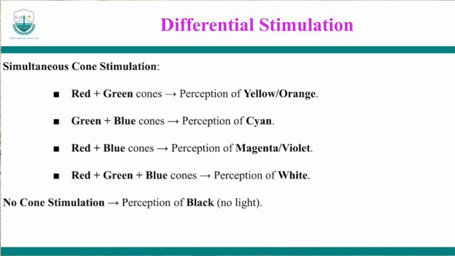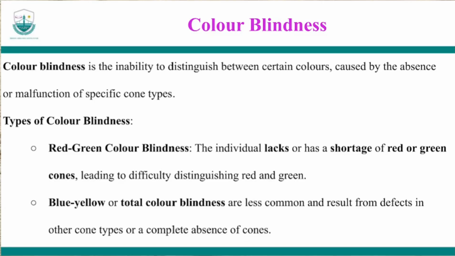And then we have other people who don't have the ability to distinguish between certain colors. They lack the ability to know that an object is actually green or blue or red, something like that. That means certain types of cones are not working very well.